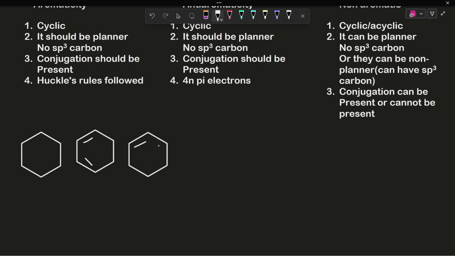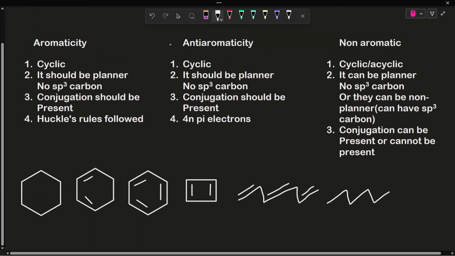The fourth is this one. The fifth is this one. The sixth is this one. Now let's apply these rules on these compounds and see what they are.